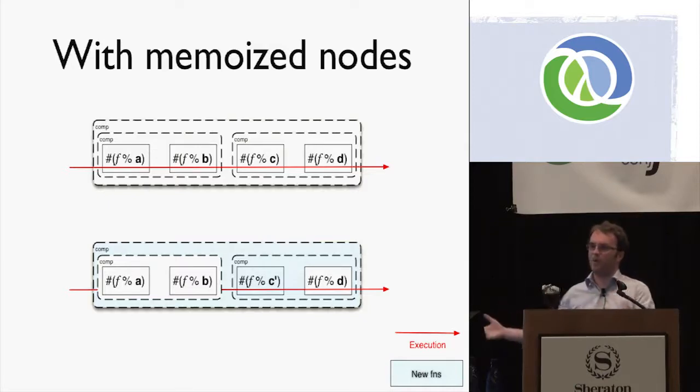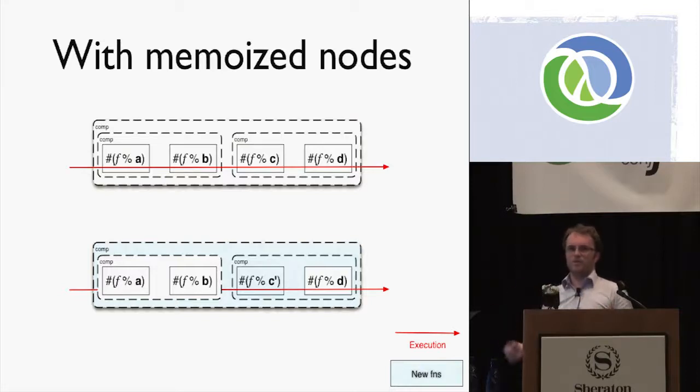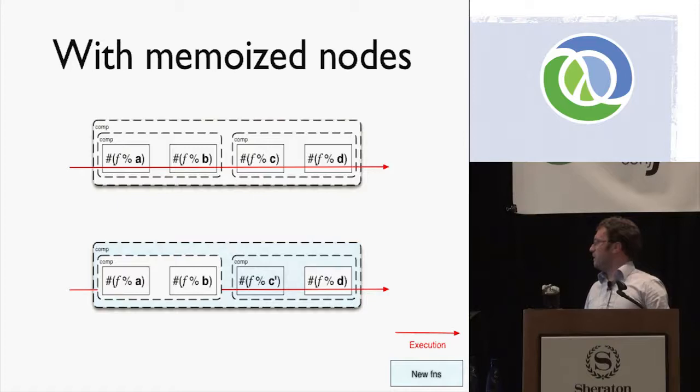But then I stumble on FC prime, and FC prime is new. Since it's new, it's certainly going to return a new value. And FD, despite being memoized, won't be able to use the cached function, and so will have to be executed again.